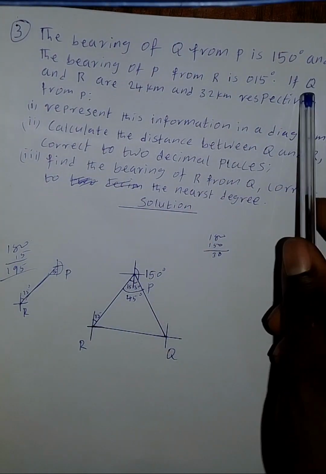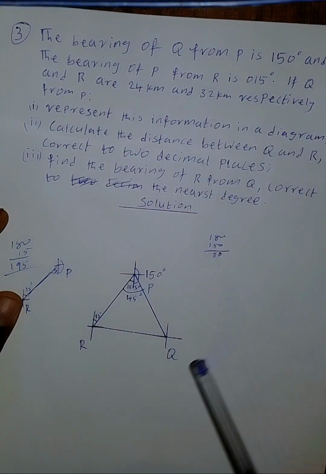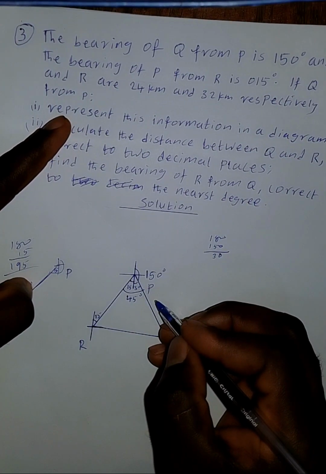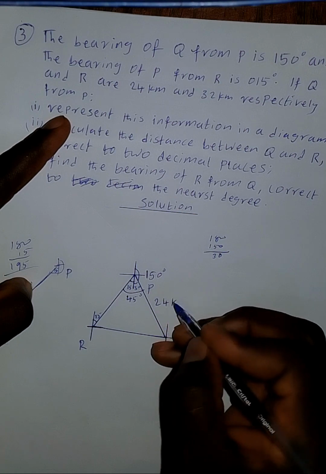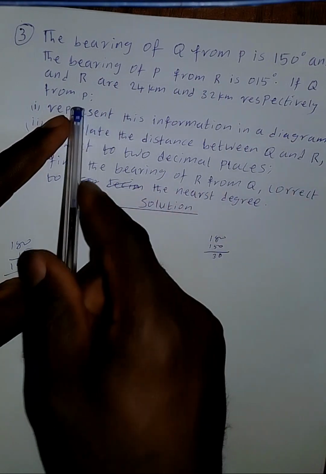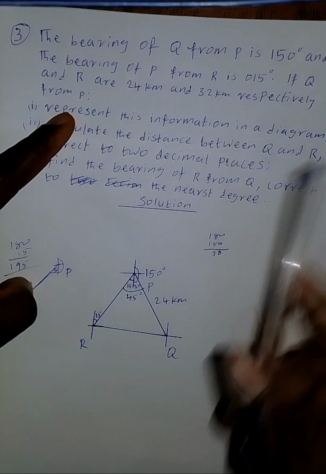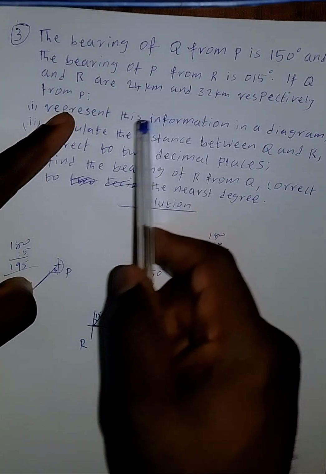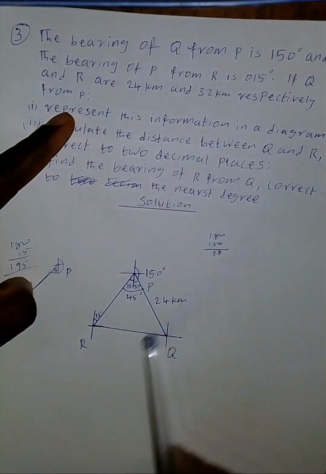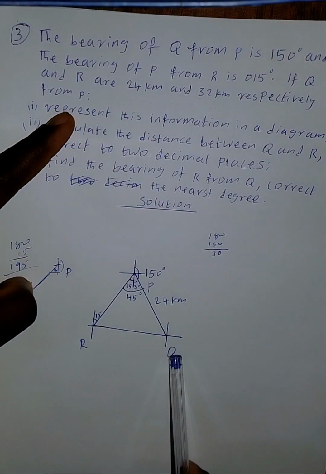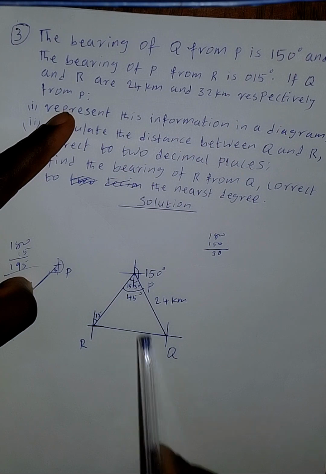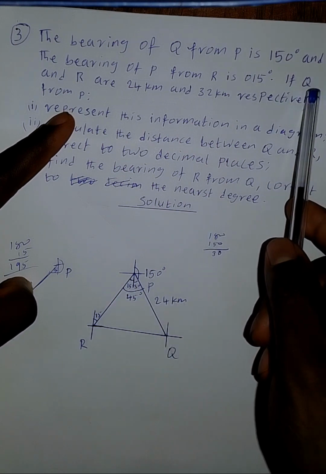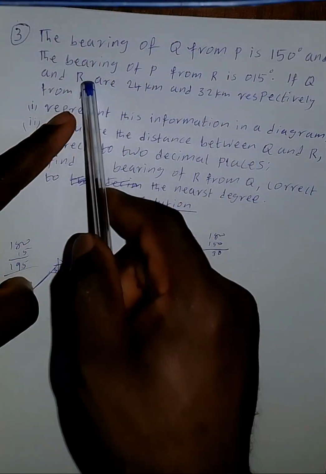Sorry, first letter Q from P is 24 kilometers. The second, R from P, is 32 kilometers.